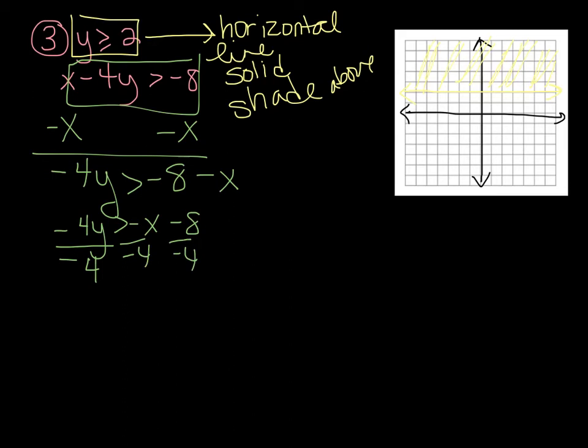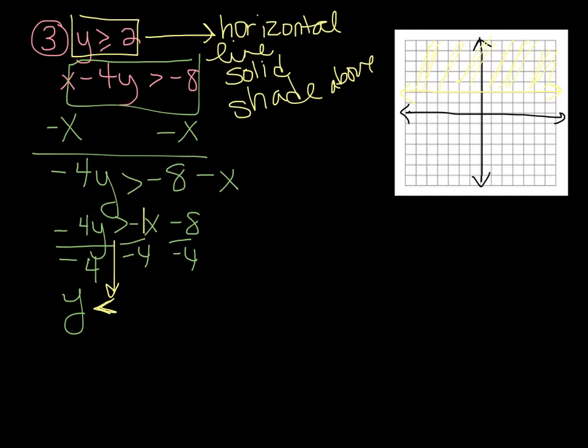So then on the left-hand side, I just have a y. That one's nice and easy. However, I need to remember my important step of switching around my inequality sign. Please do not forget that. The other thing on the other side that's tough is that I have negative x over negative 4. Just remember, if you have negative x over negative 4, it's the same as negative 1x over negative 4.